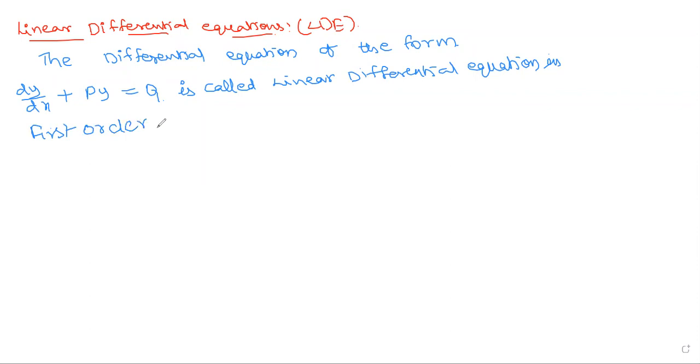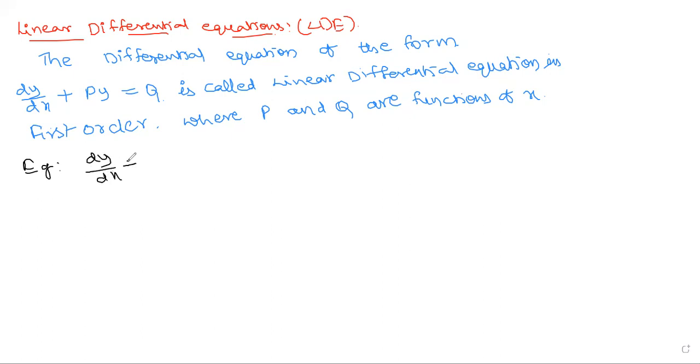Here p and q are functions of x. For example, dy by dx plus y cos x is equals to sin x.